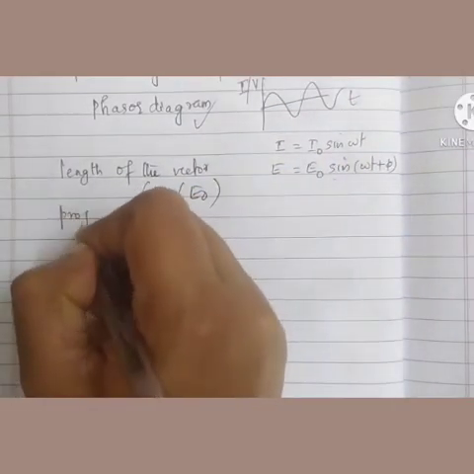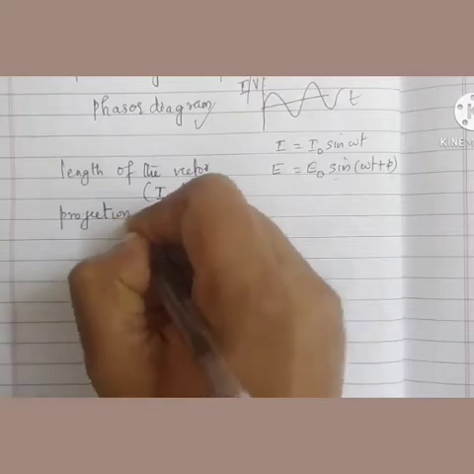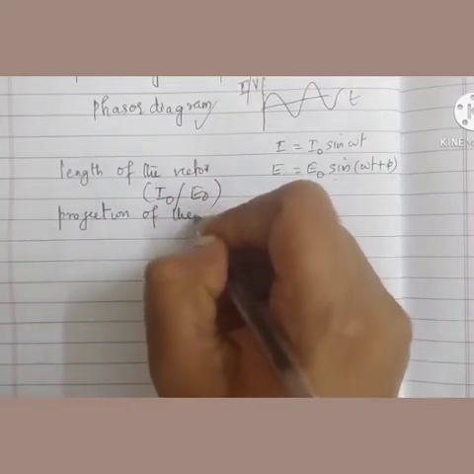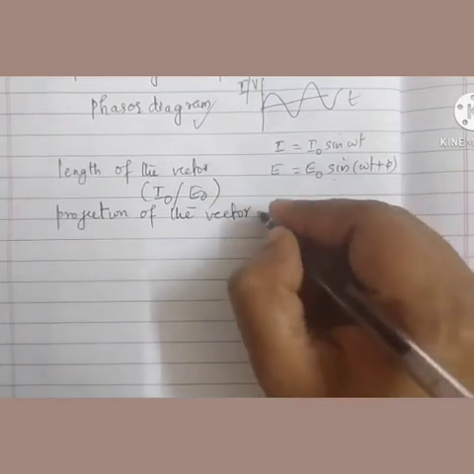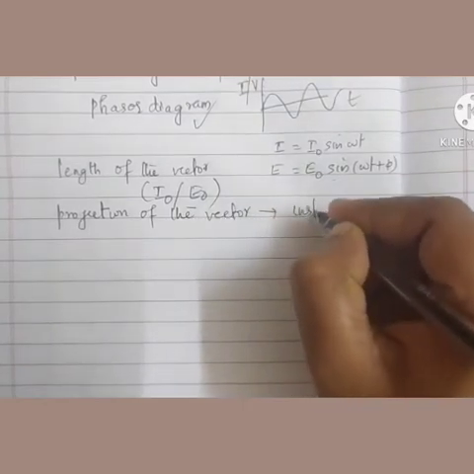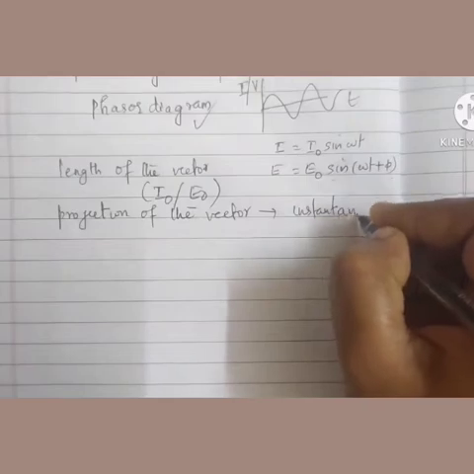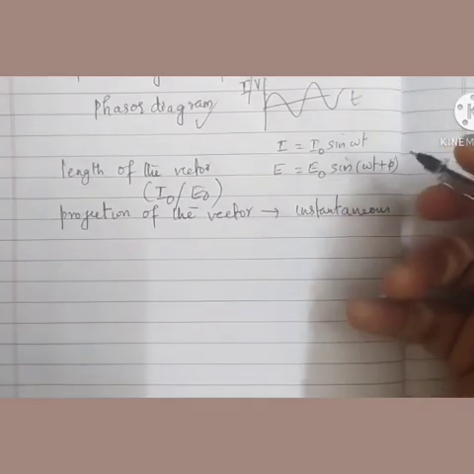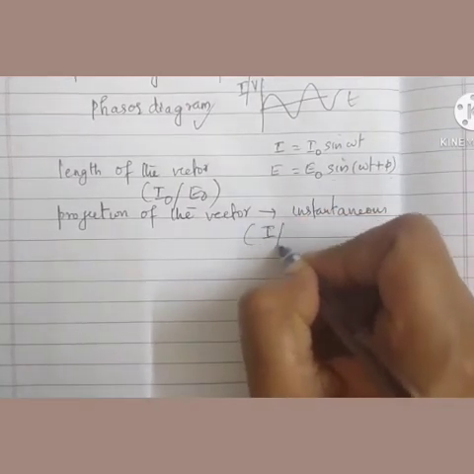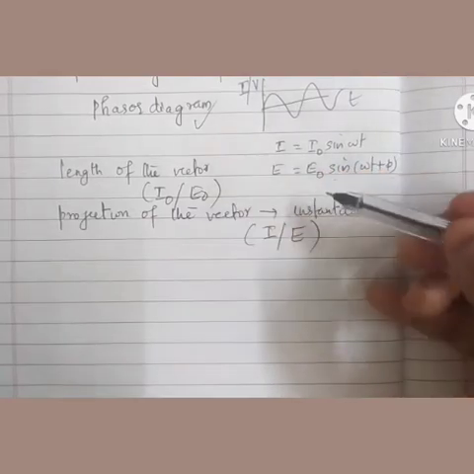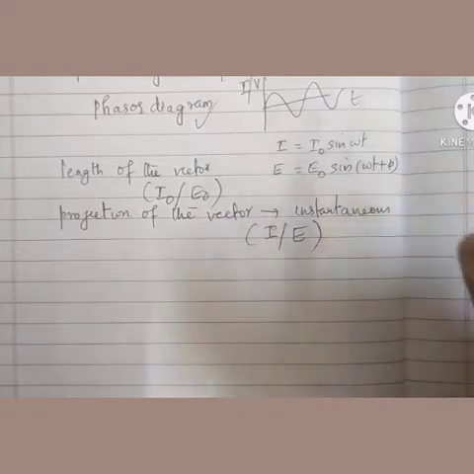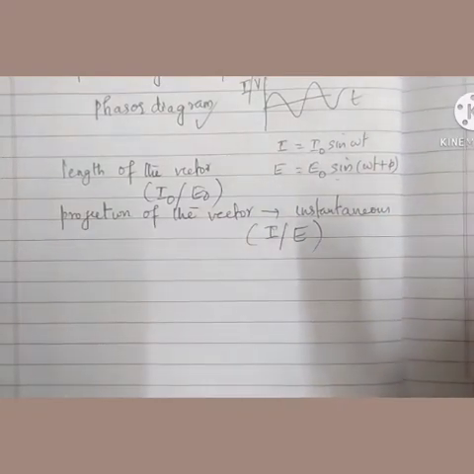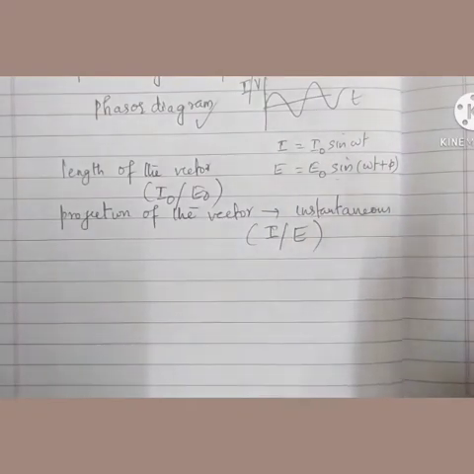Projection of the vector on a fixed axis gives the instantaneous value of current or EMF. That is the value of I or E. I equal to I naught sin omega t and E equal to E naught sin omega t. That I or E is actually the instantaneous value of current and EMF.